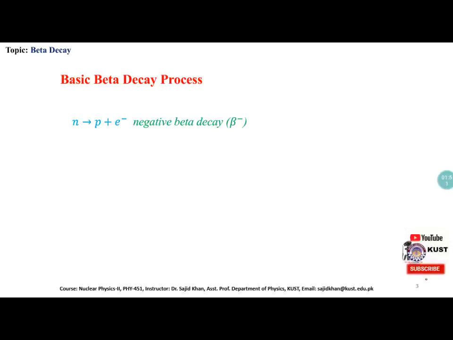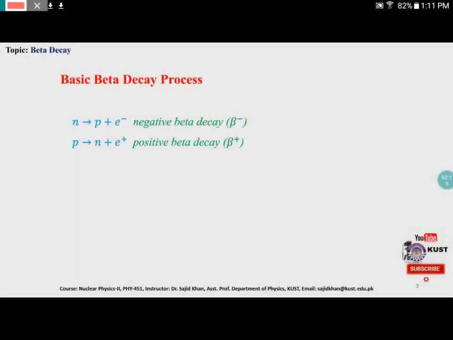And next is the beta positive decay, in which a proton is converted into a neutron and positron. Again, this is allowed by charge conservation, and apparently it looks like it's not allowed on the basis of mass conservation, because we see that a light charged particle, which is the proton, is converted into a heavy particle.